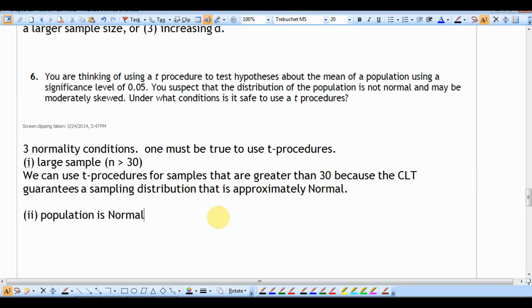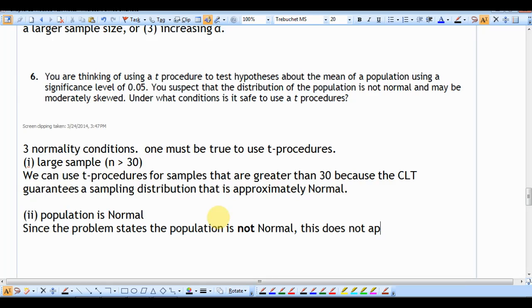However, the problem explicitly says that the population is not normal. Since the problem states the population is not normal, this does not apply, or maybe cannot.